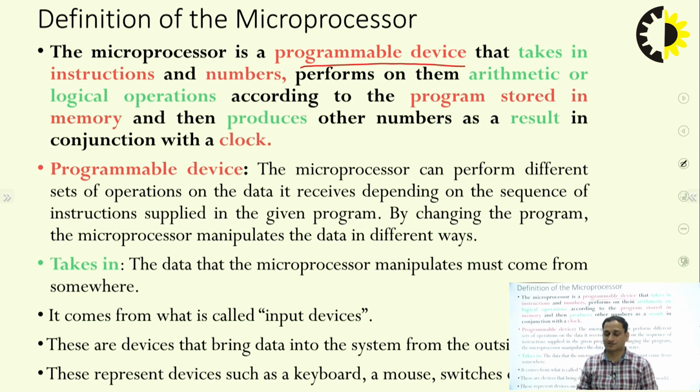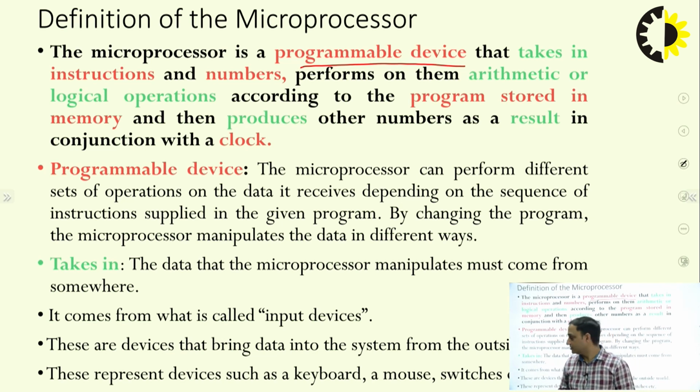The numbers or instructions are stored in memory, brought into the microprocessor, and the operations are performed by the ALU, the arithmetic and logical unit, according to the program stored in the memory, and then it produces other numbers as the result in conjunction with the clock.